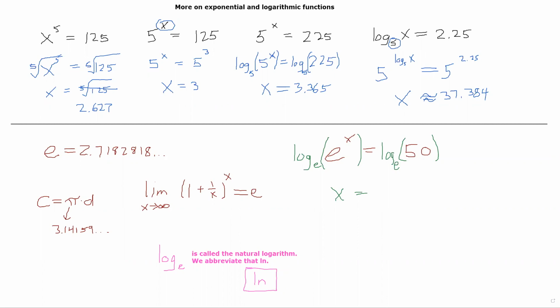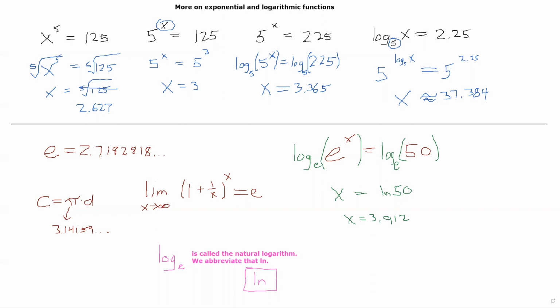So if we want to answer this question over here, it's just ln 50. So we can literally just hit the ln button and type in 50, and we will get that x is about 3.912-ish. And that's all you need to know, is just log base e is called ln.